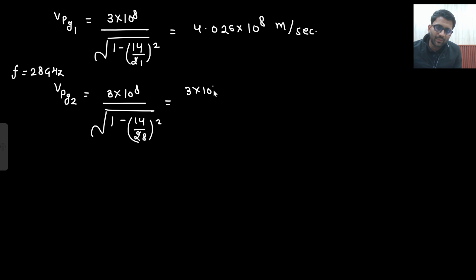So 3 into 10 to the power 8 divided by under root 1 minus 1 by 4. So let's calculate it. Three by under root, into 2, 3.46.